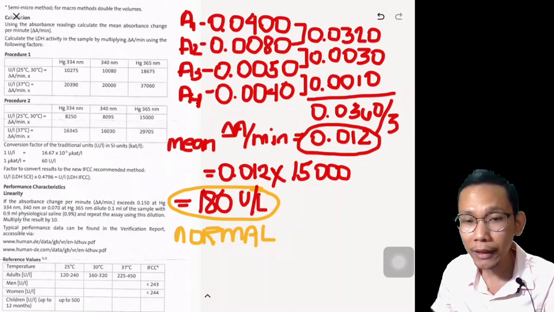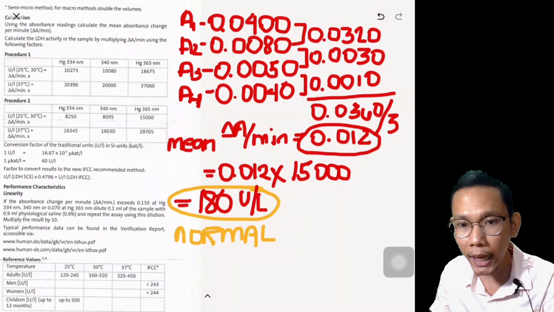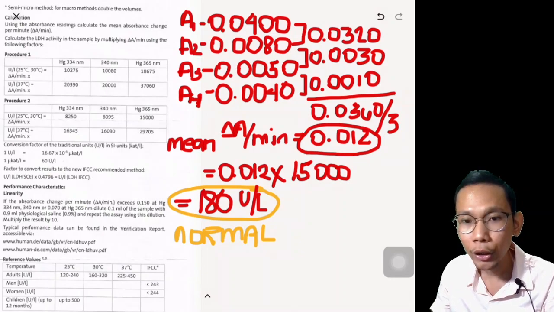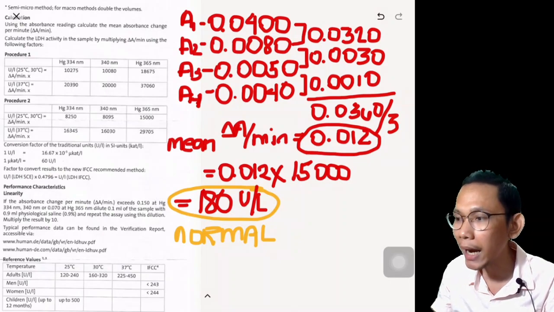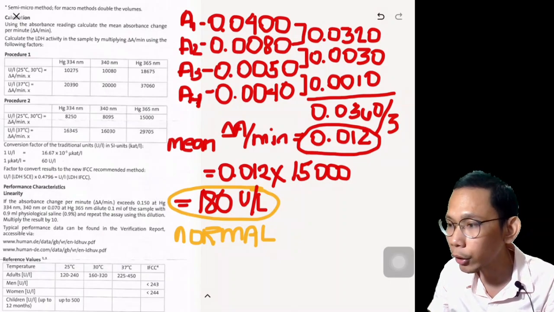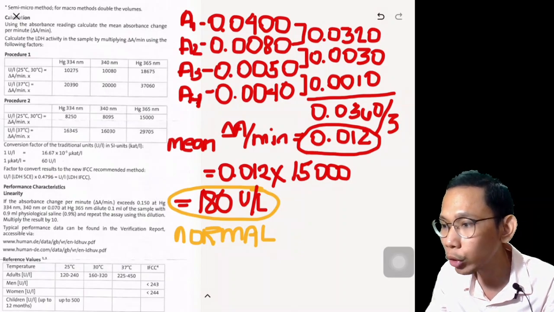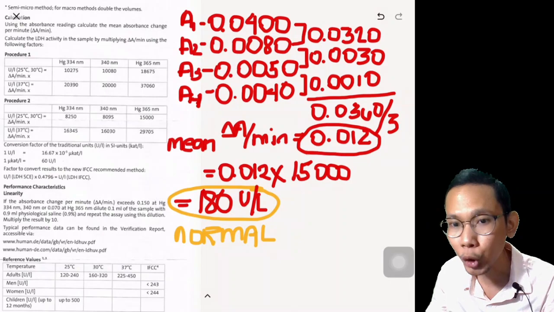Actually, it's the same as your CKMB. In CKMB, we subtracted the first absorbance from the second. Here, you subtract to check the change in absorbance per minute.